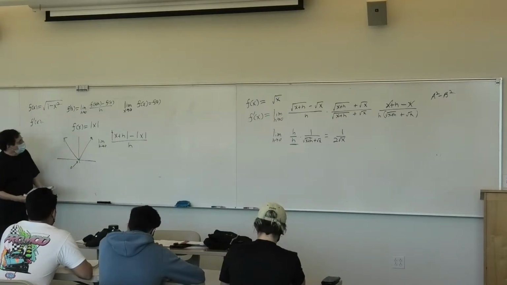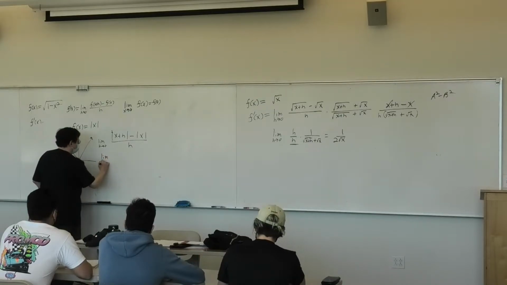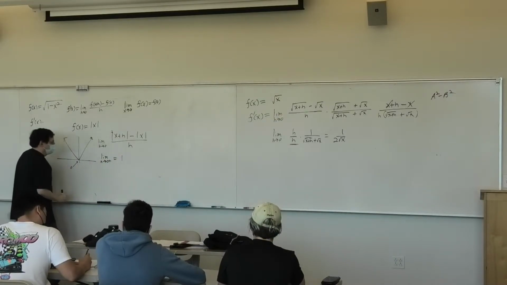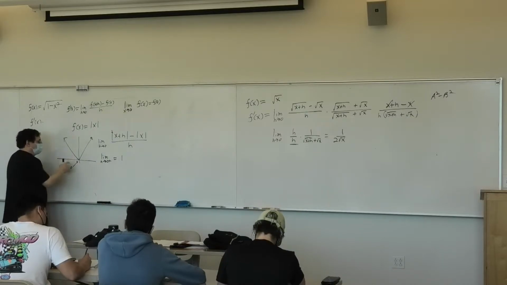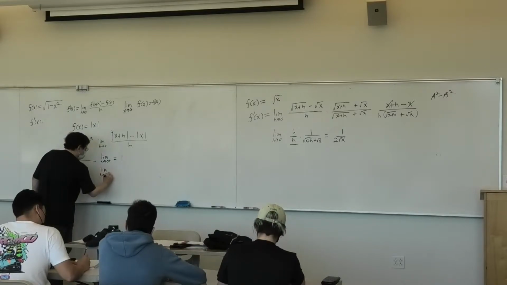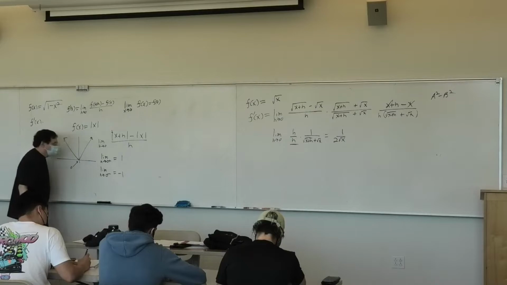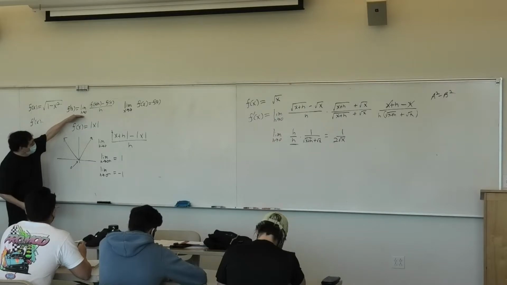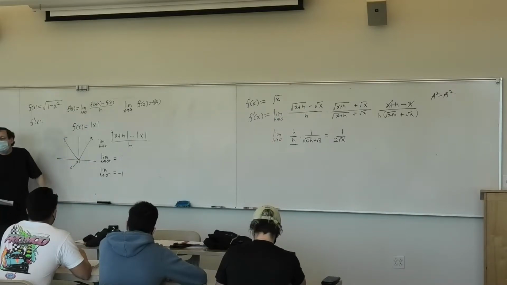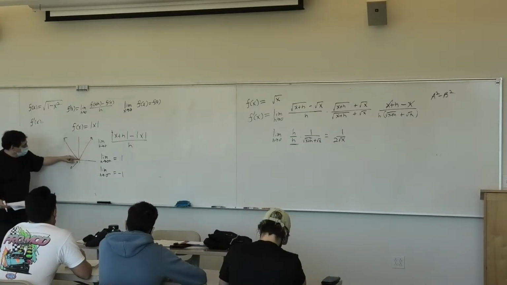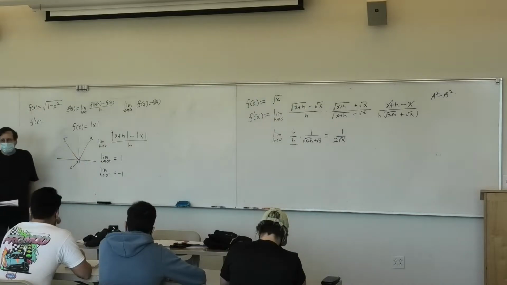Coming from the right, you have a right-hand limit, which is just going to be 1. But coming from the left, it's going to be minus 1. So the limit you need to find a derivative does not exist. Even though the function is continuous at 0, it's not differentiable.